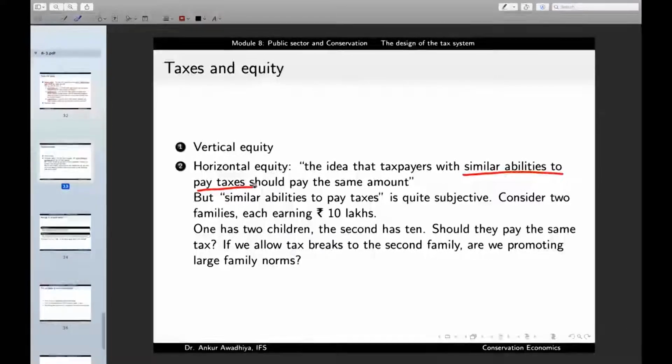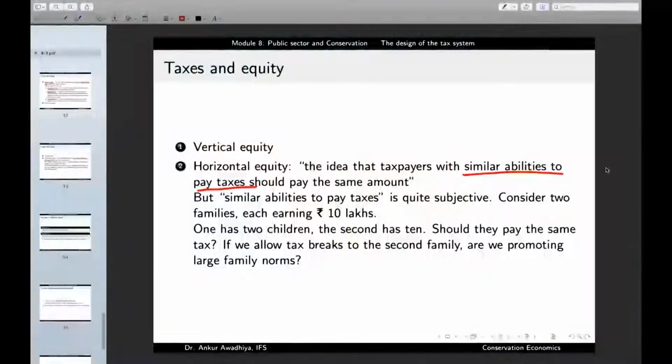So, when we talk about vertical, we are talking about differences. When we say vertical, we are saying that this person needs to pay a different amount from this person. In the case of horizontal equity, we are saying that if two people are at the same level, then they should be paying the same amount of money as taxes.